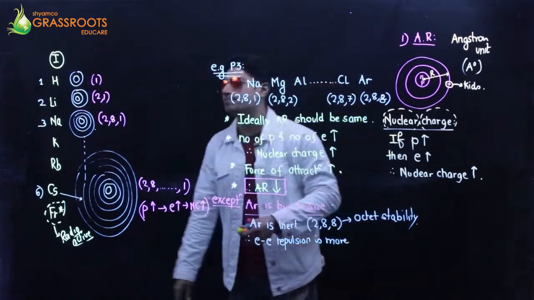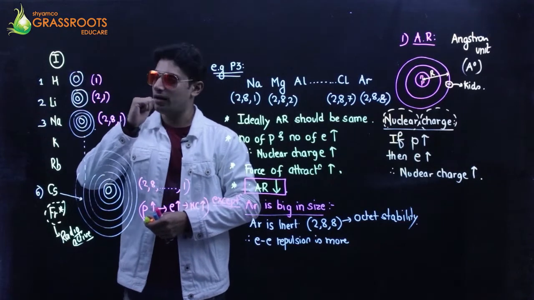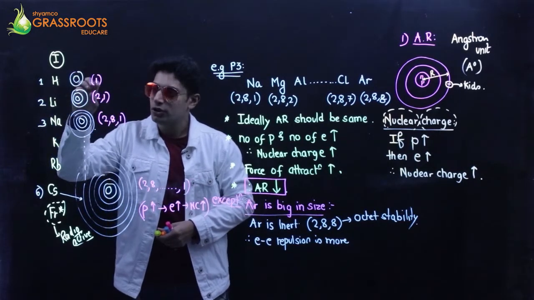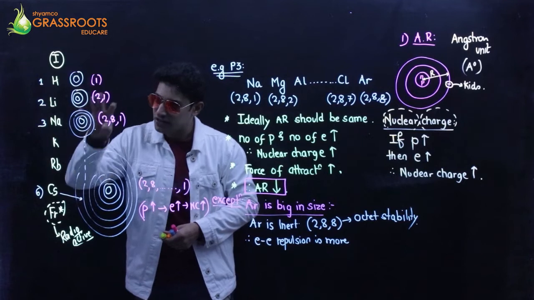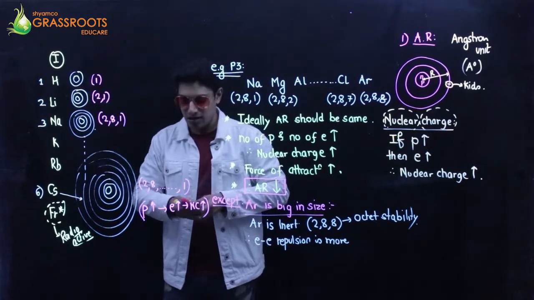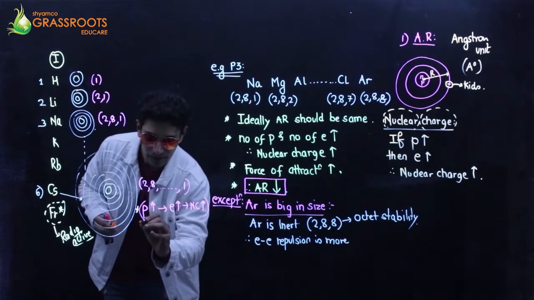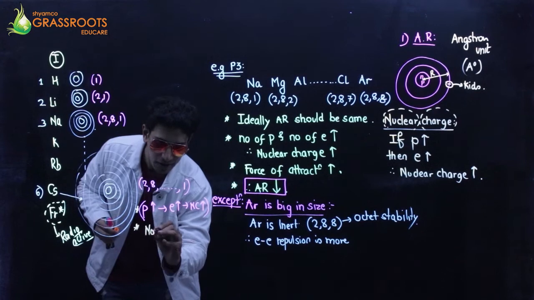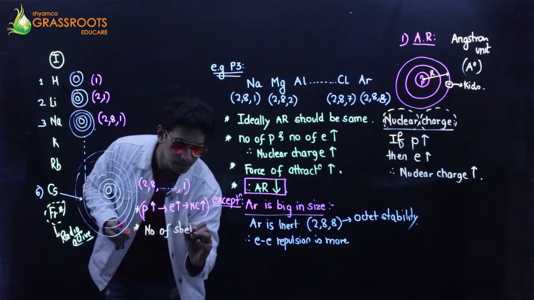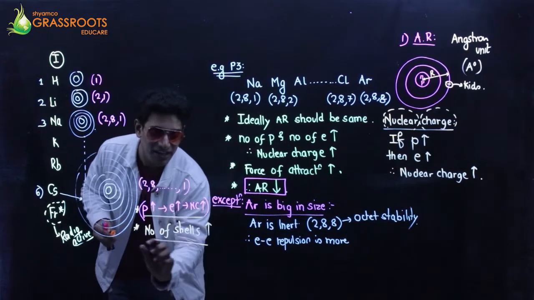But remember one thing, the number of shells are increasing. There was 1 shell, 2 shells, 3 shells. So there is a rise in the number of shells. Listen, the second point is number of shells are increasing. So now this is a contradictory effect.